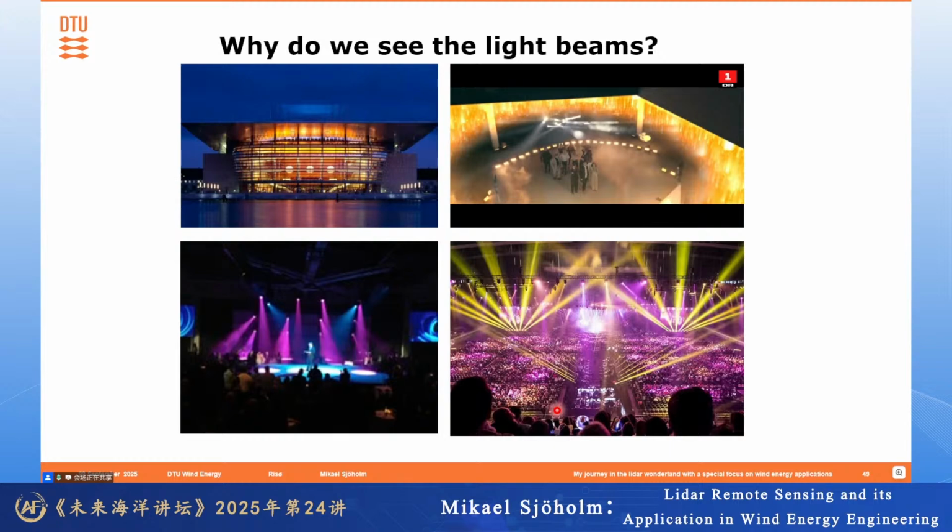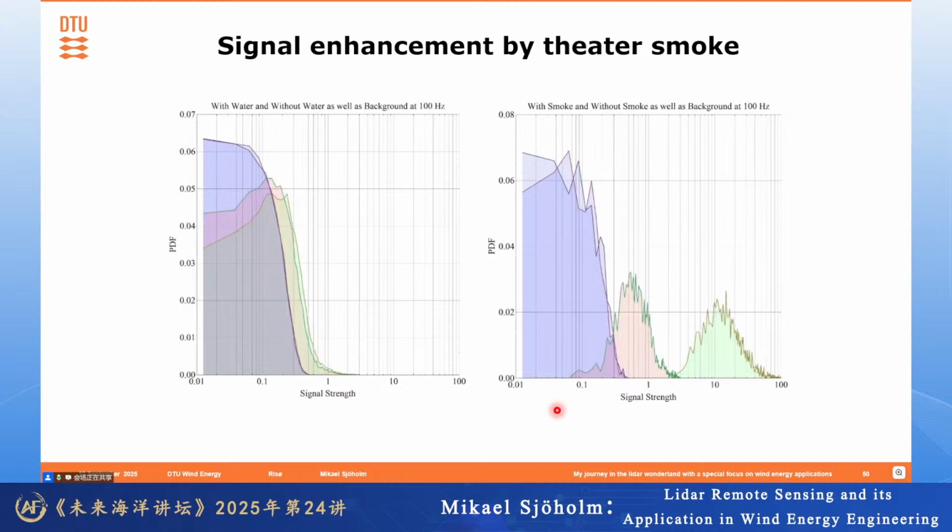They often add some kind of smoke in order to make the light beams visible. But that's a problem in such a wind tunnel where you are cooling down the air. There is no water vapor, and the particles are then giving less backscattering. So we have problems getting very good signals. But we can solve that by adding some smoke.